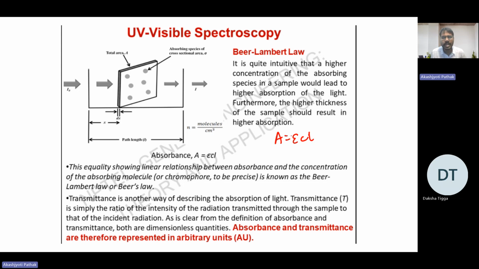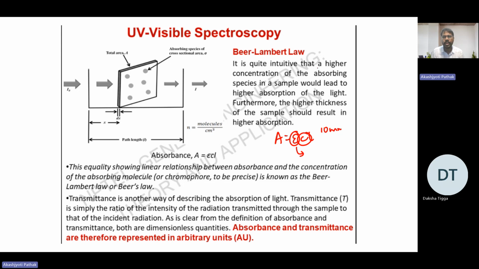So absorption by a sample is directly proportional to the length of the cuvette. Basically, if you are using a 10 millimeter cuvette, then the path length of the cuvette is 10 millimeter. It will depend on the concentration of the sample, and it will also depend on the molar extinction coefficient.